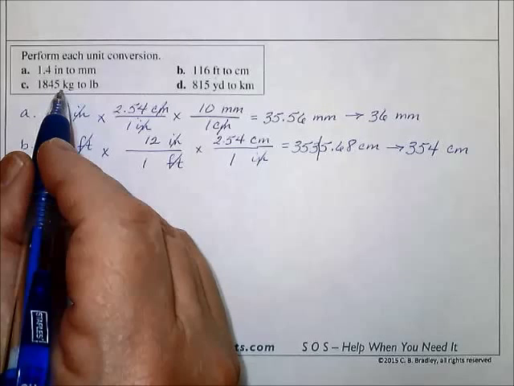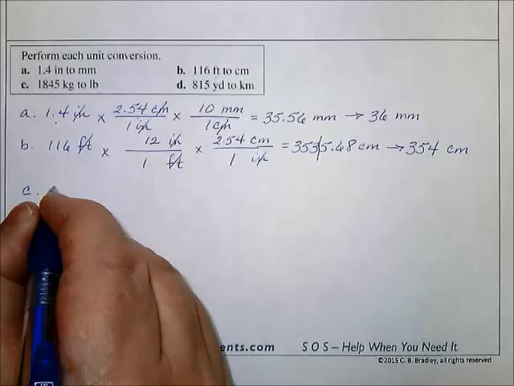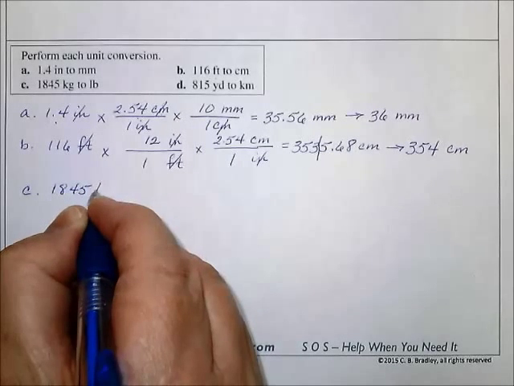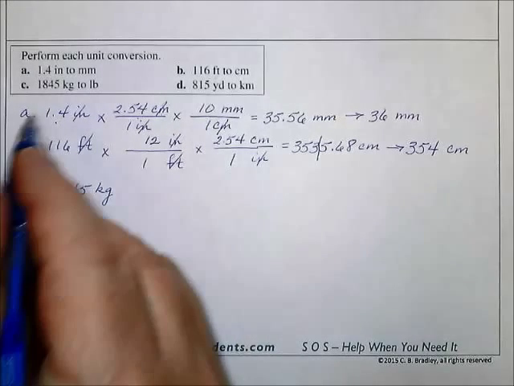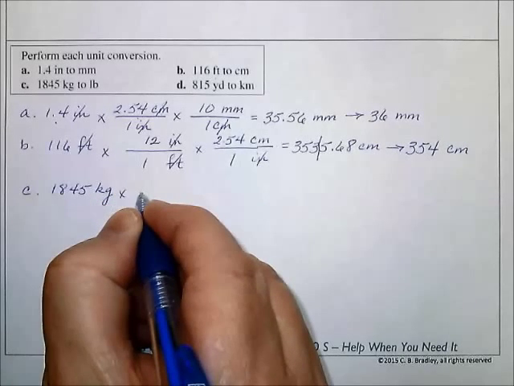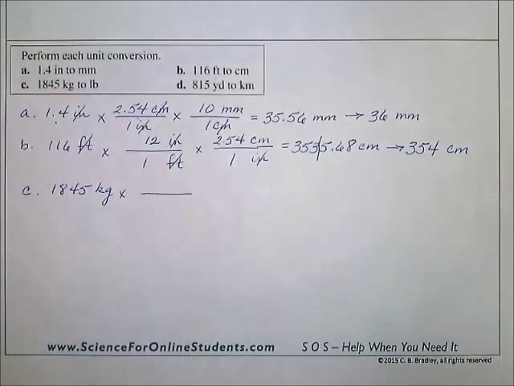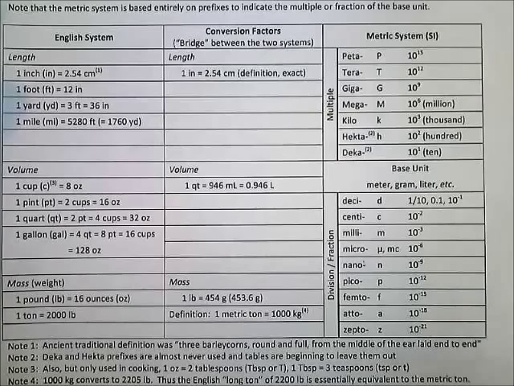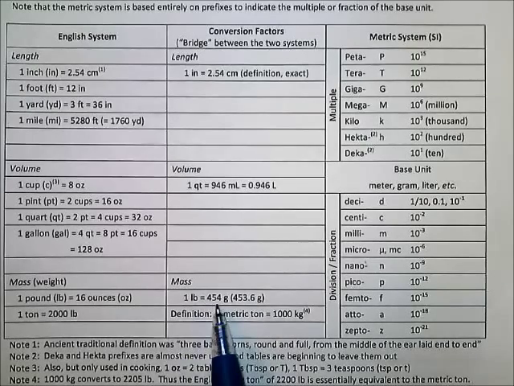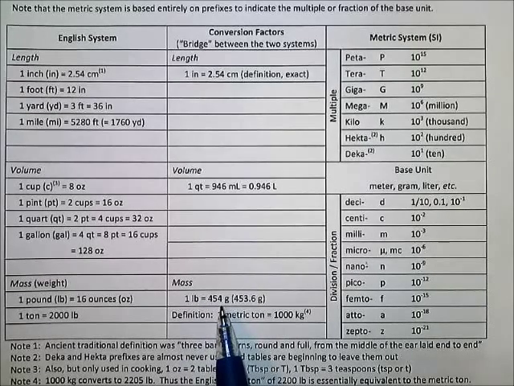18.45 kilograms going to pounds. Now, let's go back and review our conversion factor for mass. 1 pound is equal to 454 grams, or 453.6 if we need 4 sig figs.